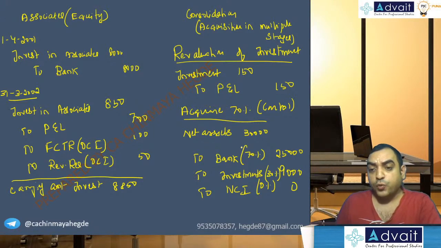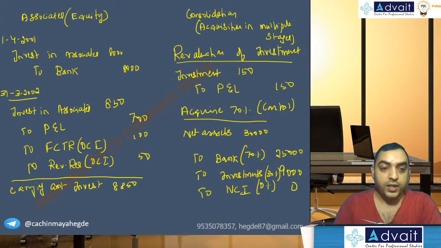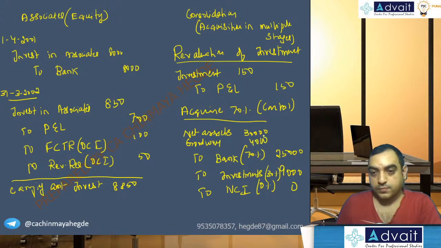Now, the balancing figure will become goodwill or capital reserve, as the case may be. So in this case, how much will be goodwill? I think goodwill is 4,000, balancing figure. So this is the accounting for associates.